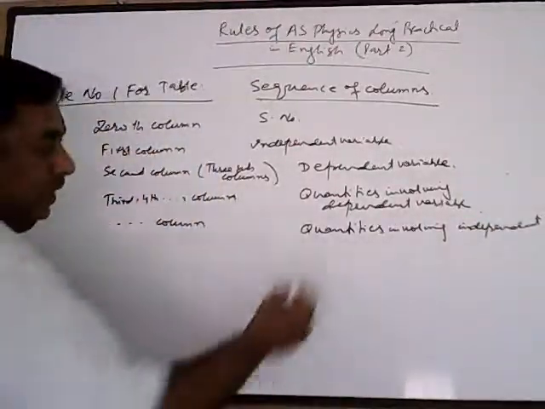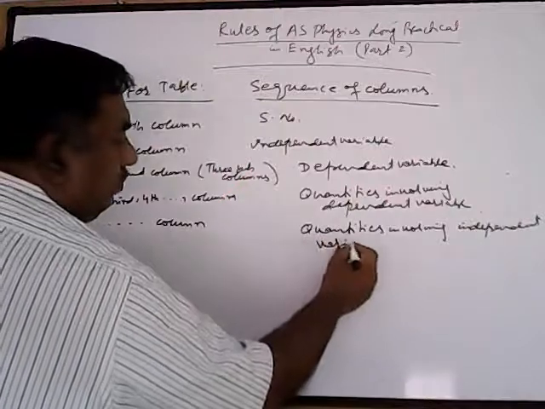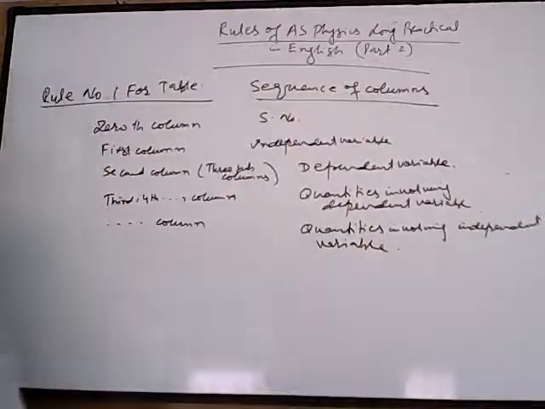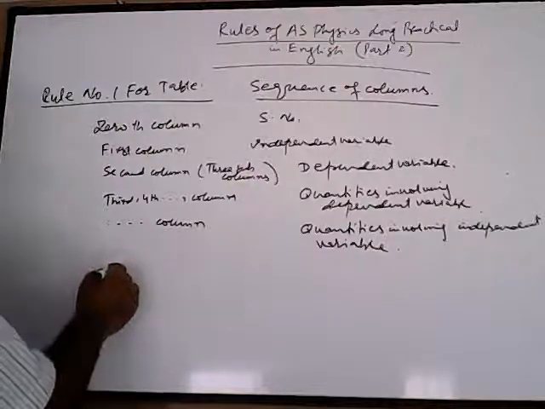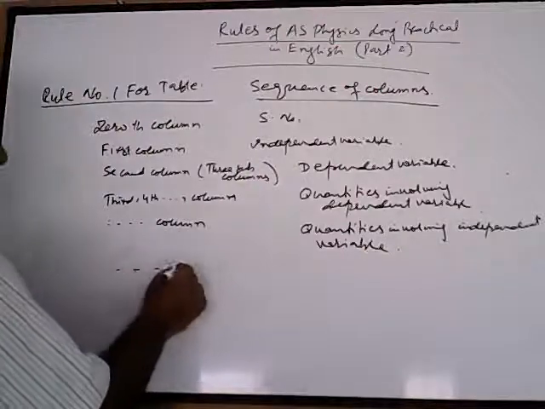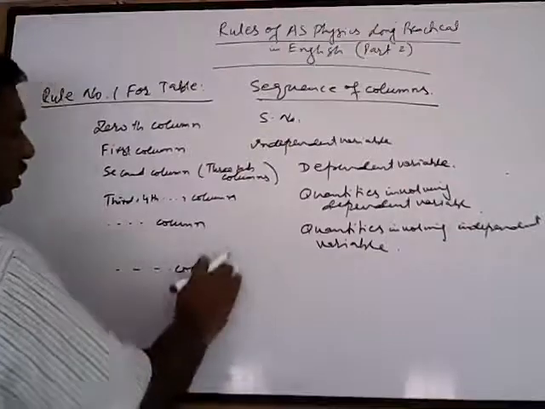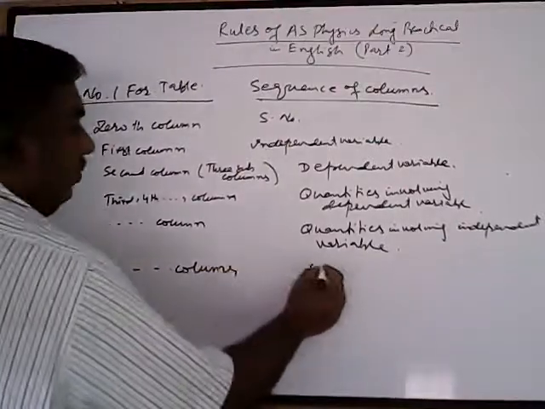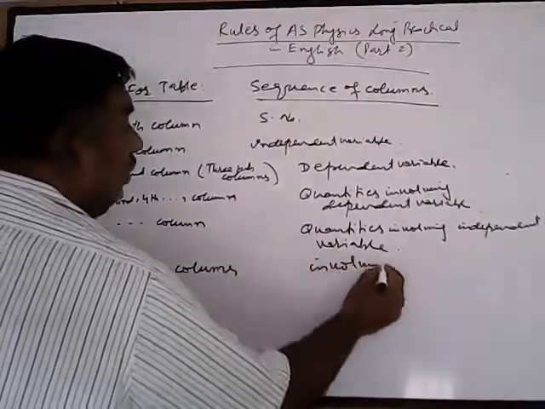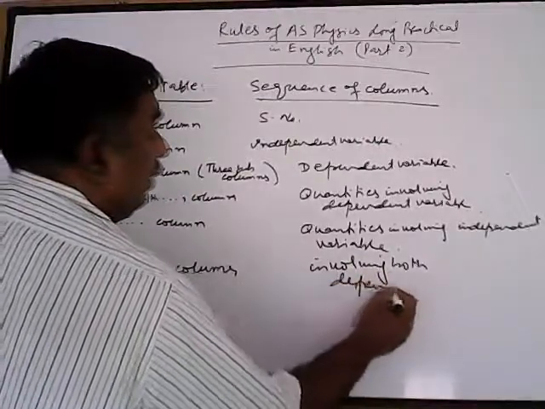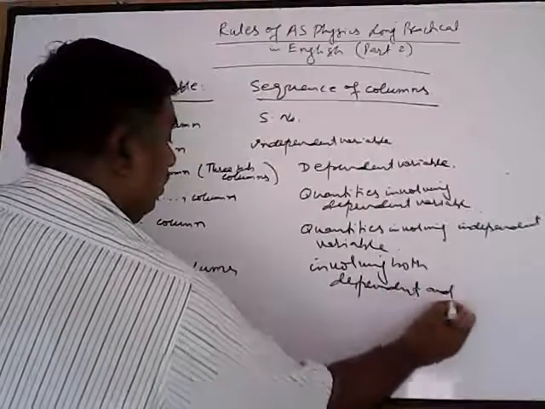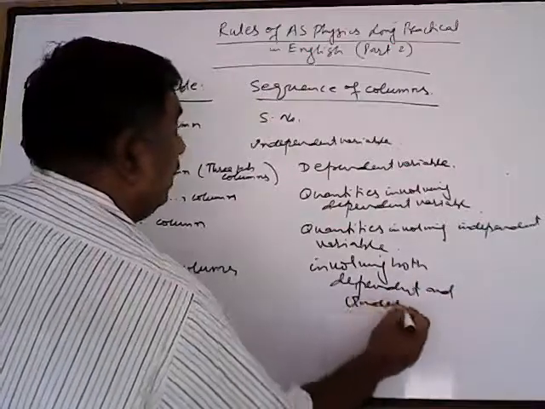Then in the end you always have the columns involving both dependent and independent. So this is the sequence of columns.